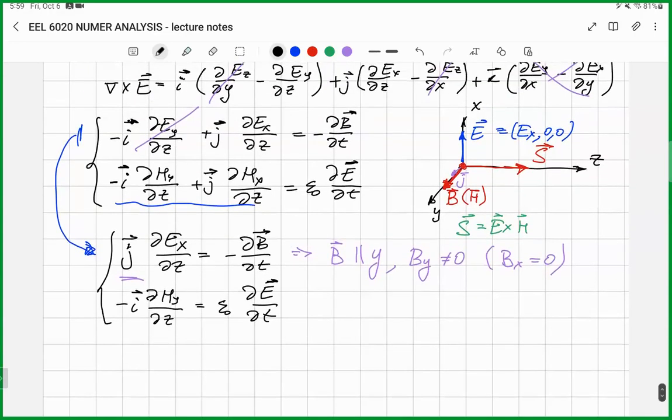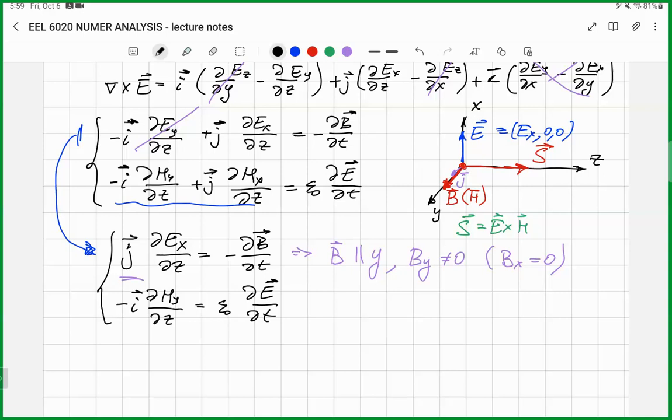Let's return to this picture. Now we have the case of an electromagnetic field which propagates along axis z. Electric field is polarized along x. Magnetic field is polarized orthogonal to E, so it's along axis y.